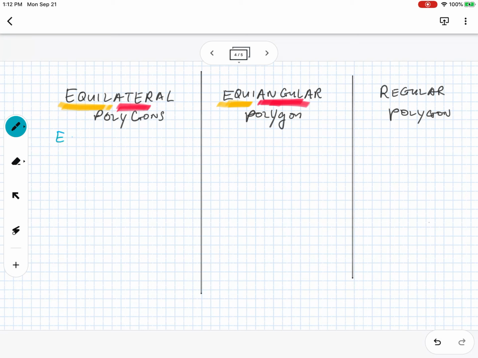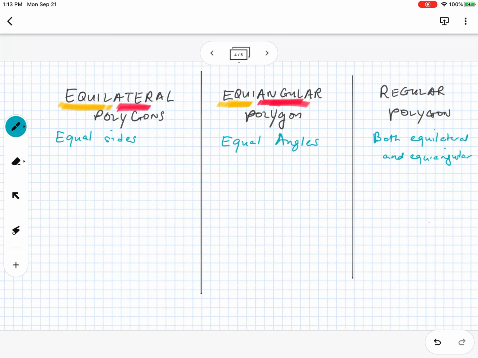And so I don't know if you can kind of see it, but equilateral means equal sides. Equiangular means equal angles. Okay, and then a regular polygon means both. So both equilateral and equiangular.